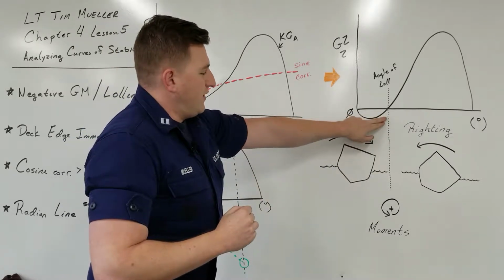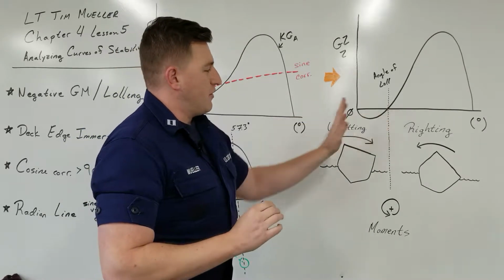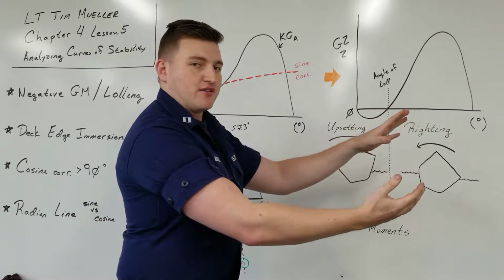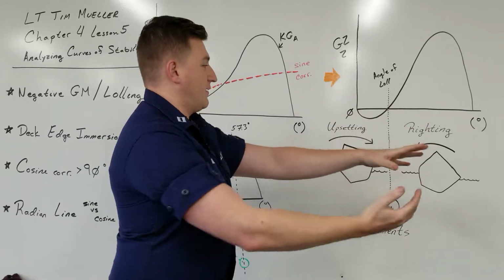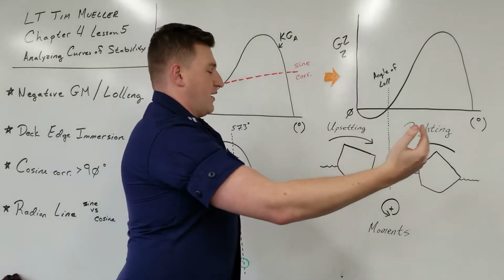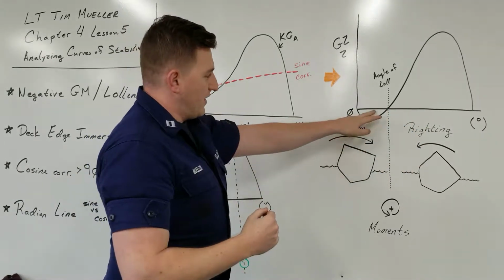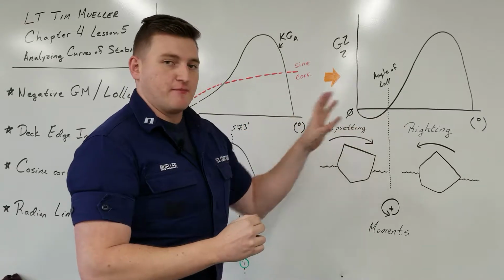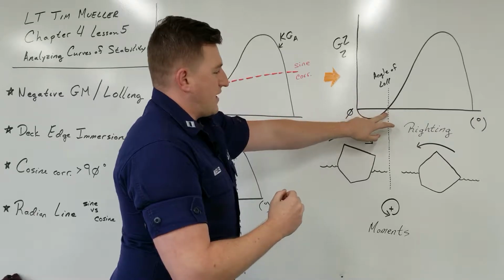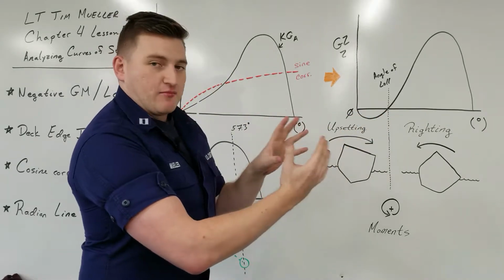So at this point here, this dotted line, if we go a little bit to the right, so incline a little bit past that, we have moments that want to kick us back in the positive direction. And then a little bit to the left of it, there's moments that want to kick it over back in the upsetting direction. So if a ship is right at this angle, there's not going to be any righting moments on it.